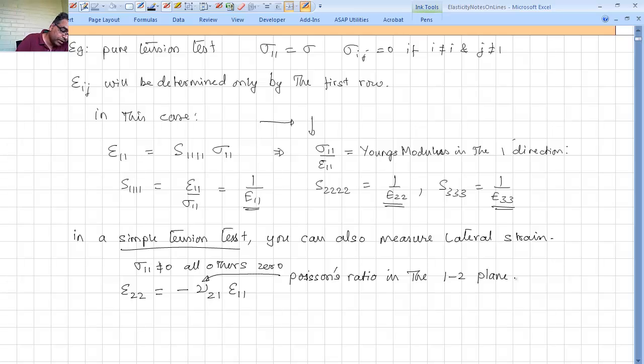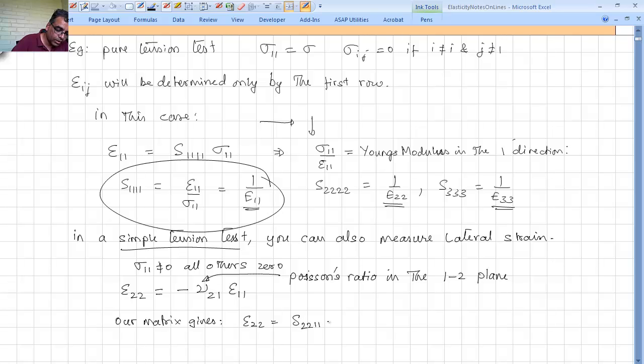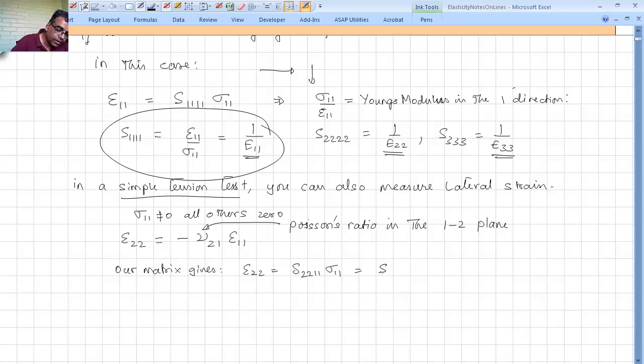So what we are going to do is, we are going to use this result, but according to our matrix, epsilon 22 is S2211 sigma 11, which turns out to be S2211 times E11 epsilon 11, right?